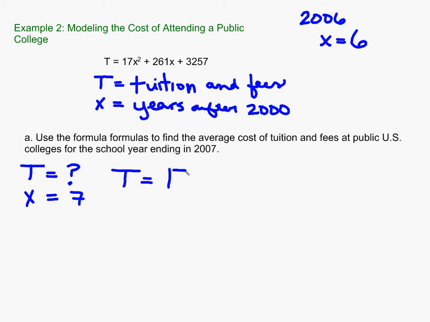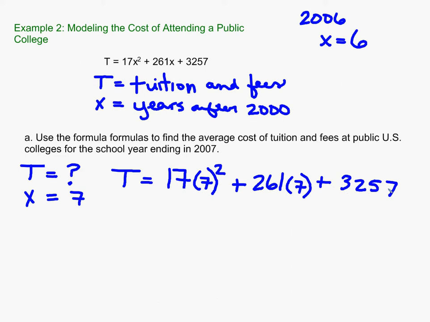So I get 17 times 7 squared, plus 261 times 7, plus 3257. And I'm going to go ahead and solve for t.